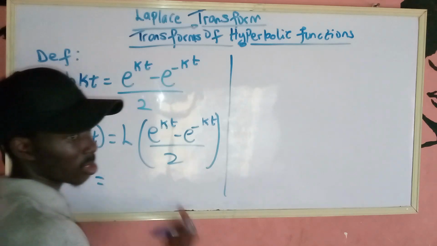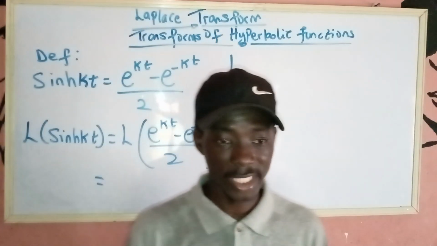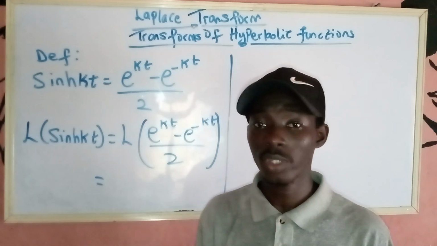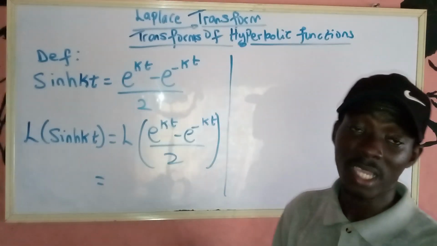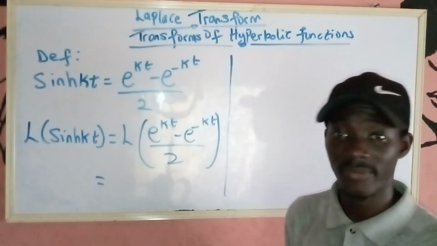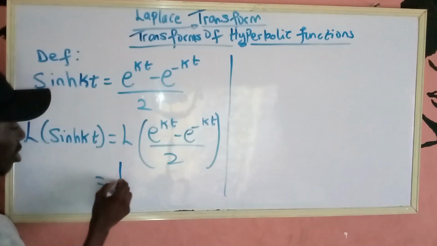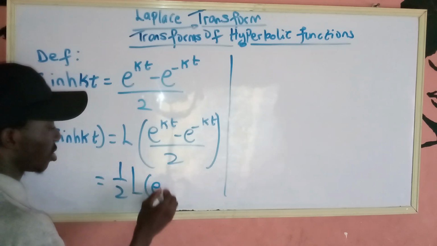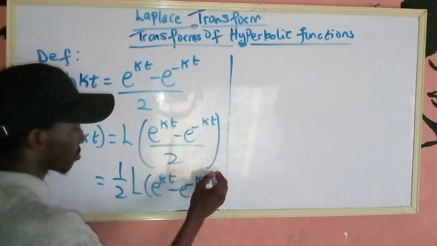And this half is a constant, and we know in mathematics when you're dealing with integration and differentiation, you can bring the constant outside. The same thing happens here. Since Laplace is an integral transform, you can bring the constant out of the integral. So therefore, I can bring the half out here, and I'll be left with Laplace of what? e raised to power kt minus e raised to power minus kt.